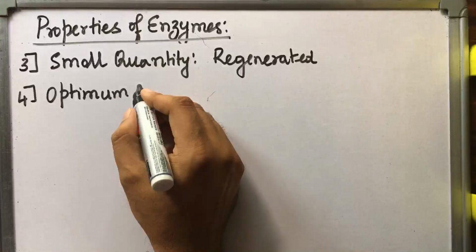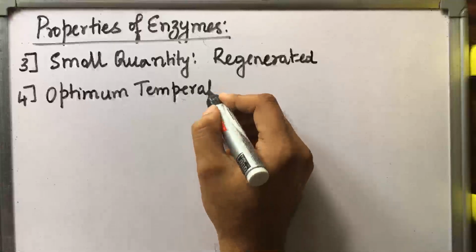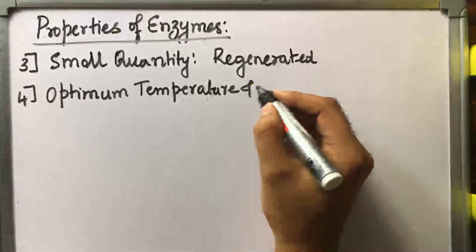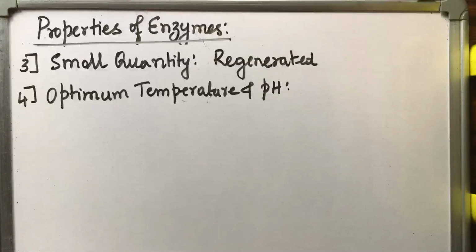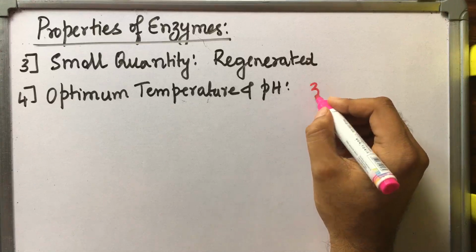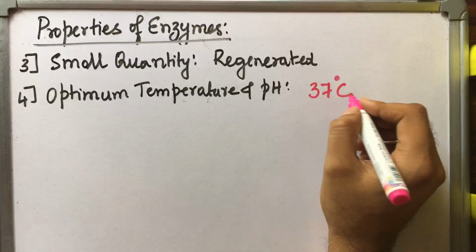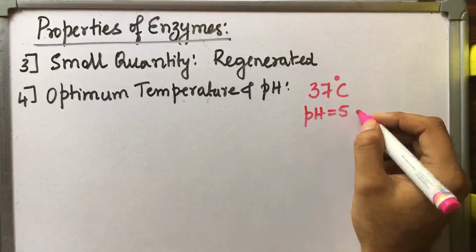Point number four, there is a particular temperature where the activity of the catalyst is maximum. We call it the optimum temperature and optimum pH. You have to remember this, students. Enzyme catalyzed reactions have maximum rate at physiological conditions, that is in the human body, at a temperature of 37 degrees Celsius, normal human body temperature, and at a pH of 5 to 7.